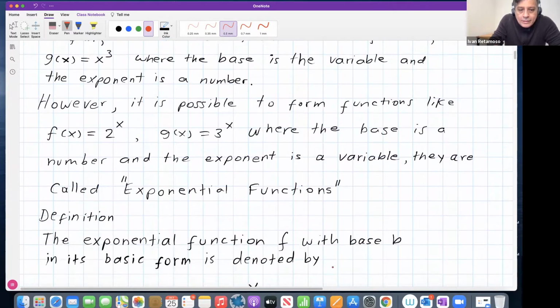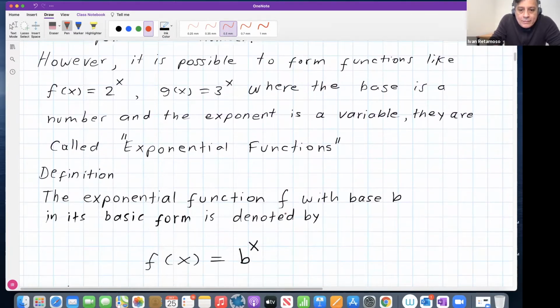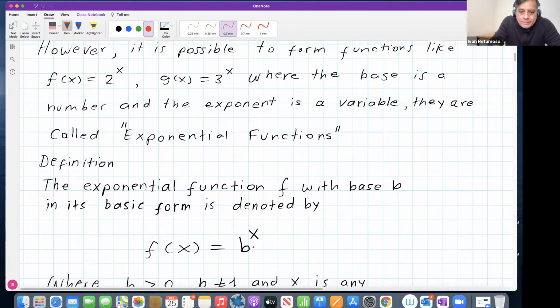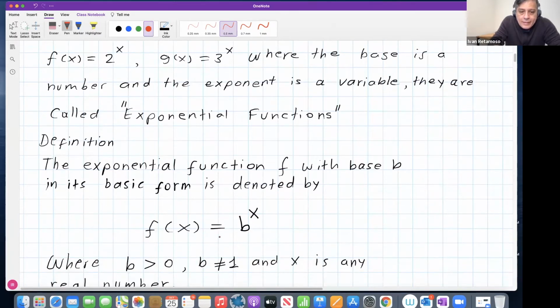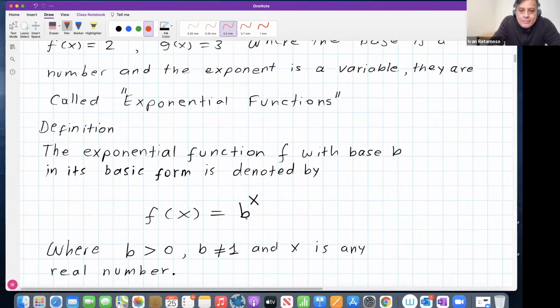Formal definition here: the exponential function f with base b, there will always be a base, in this case 2, in this case 3, in its basic form is defined by f of x equal b raised to x. Some number raised to some variable, in this case x. Now, the base must be greater than 0. It cannot be 0, because if you raise 0 to any power, you get 0.